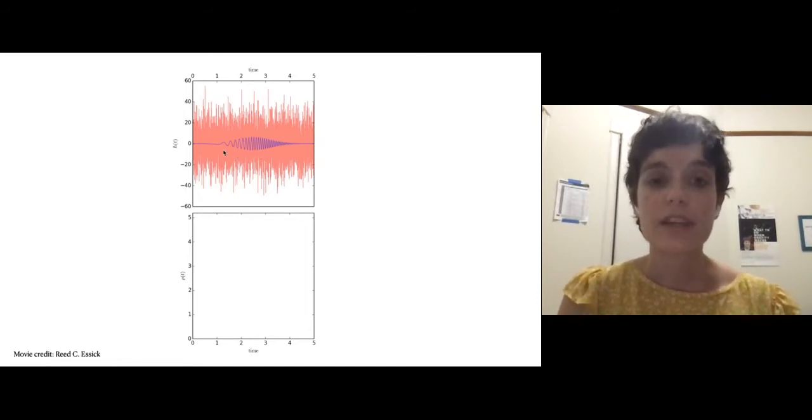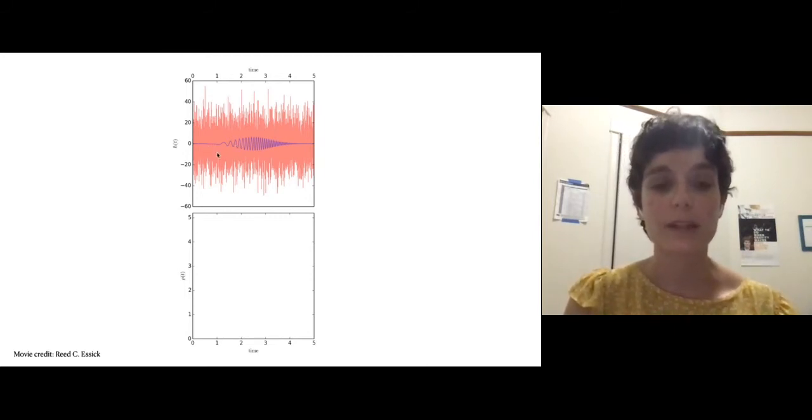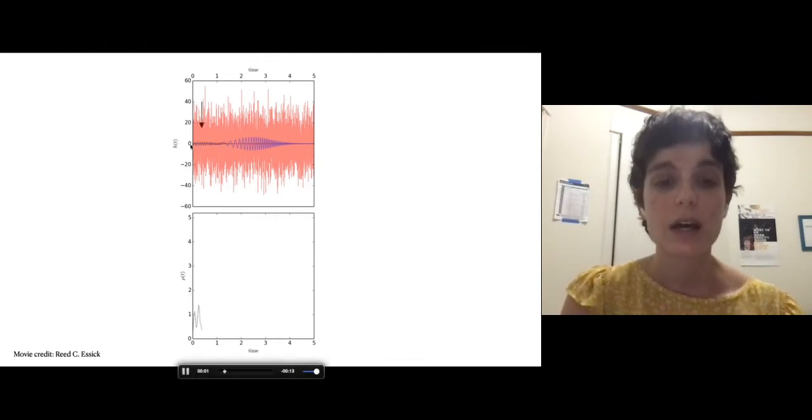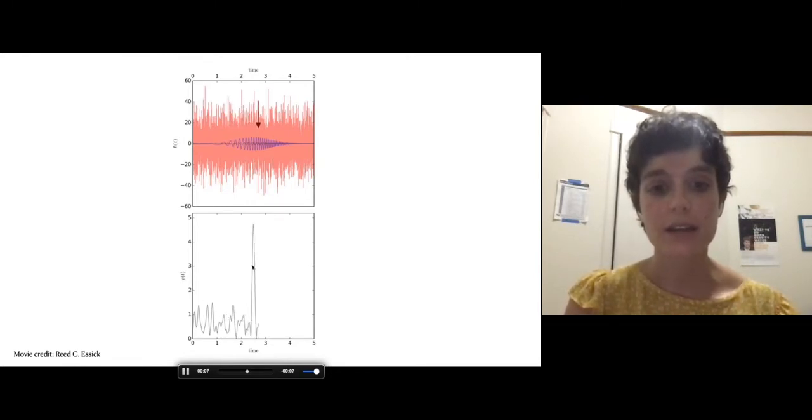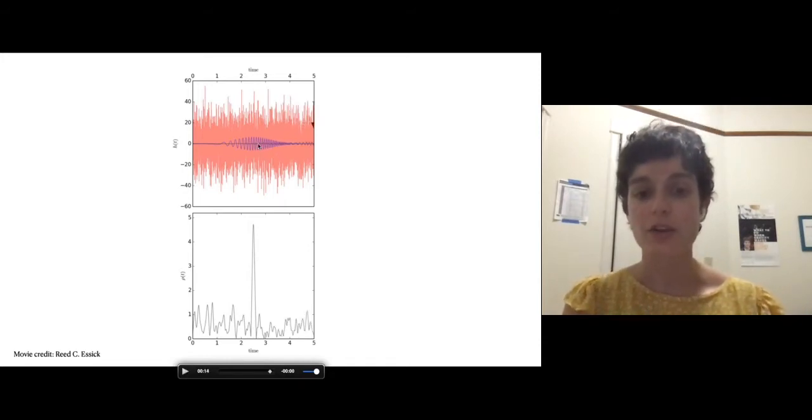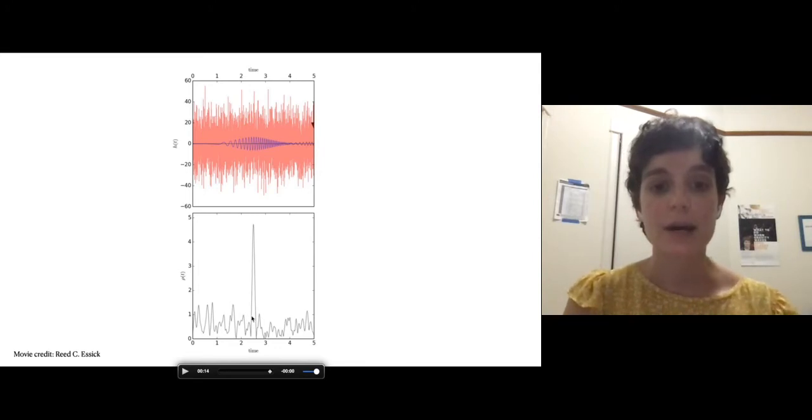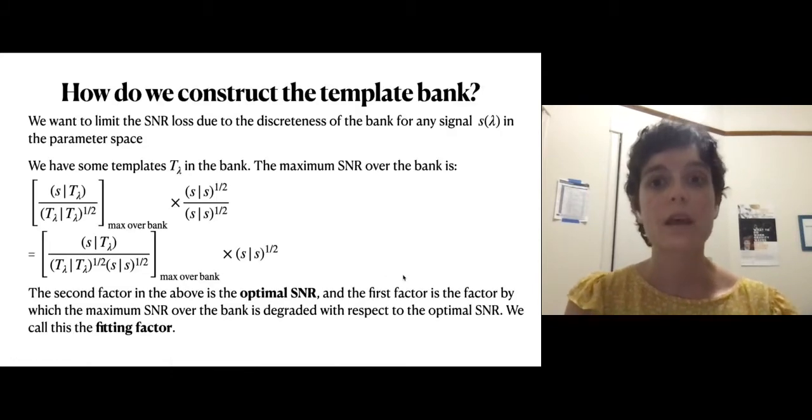But we have these templates. One of the templates that we're sliding over matches this signal well, and that's the template that we're going to see slide over. And here is our SNR time series, and you can see that it spikes when the template is over the signal. So when we have the right time lag, we can find this trigger and identify it in this way.